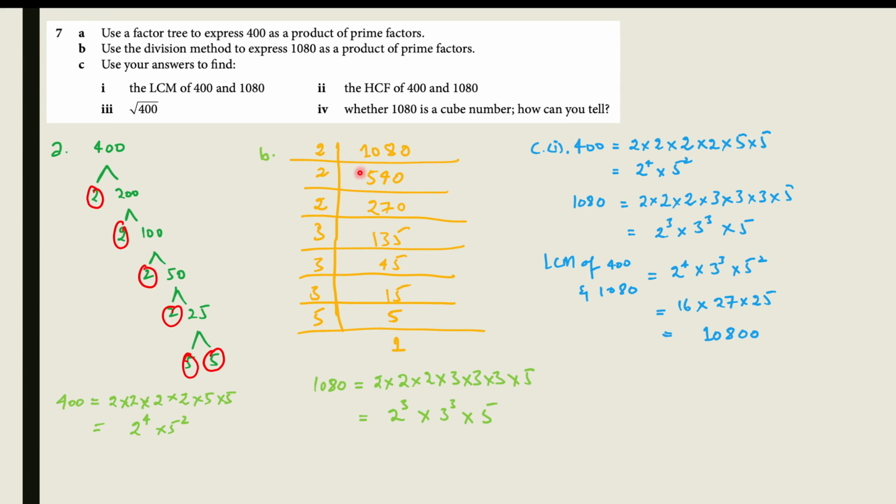Now 1080 was completely divisible by 2 when 2 is multiplied by 540. Now this 540, we will divide it further. Again, we will give it a try with the same prime number 2 and see if it's completely divisible. So 2 multiplied by 2 is equal to 4.